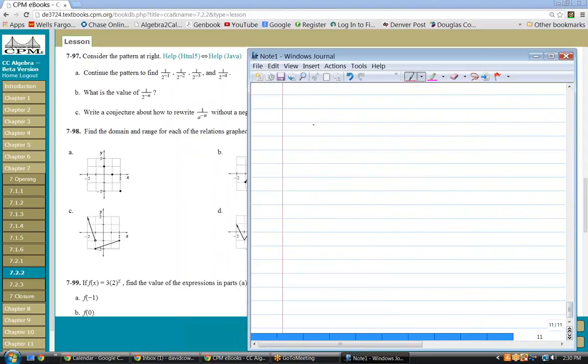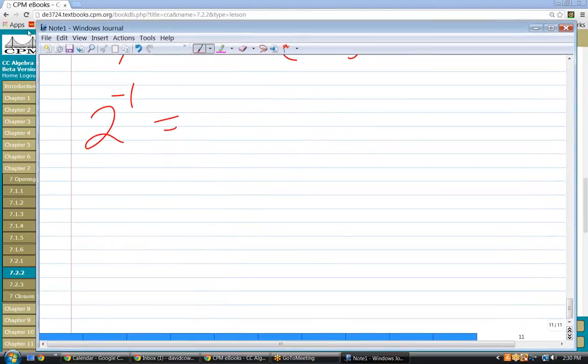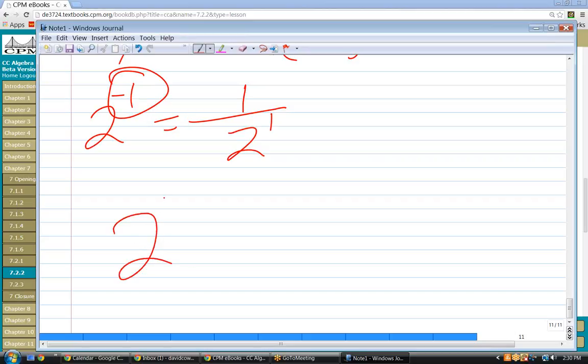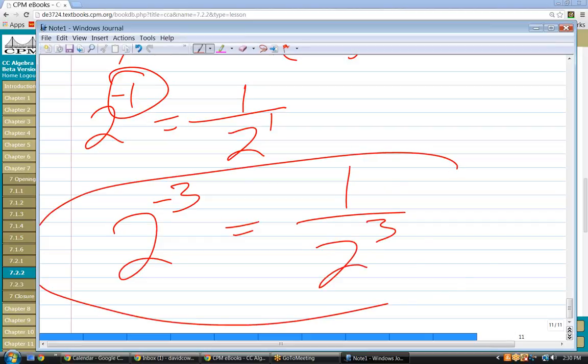First of all, what does this mean? Negative 2 times negative 2? No, it means 1 over 2 to the 1. In other words, when you have a negative exponent, it just means the reciprocal. If I had 2 to the -3, it would be 1 over 2 cubed. This is huge.